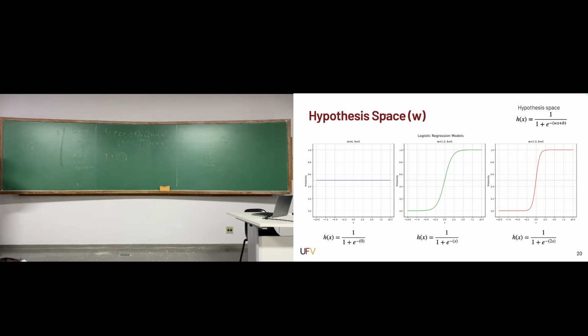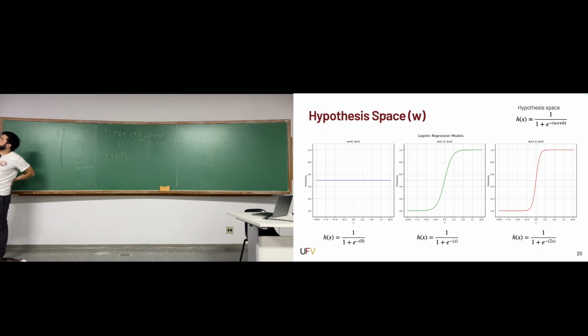If we had w equal to 0 and b equal to 0, then you would have this function here, 1 over 1 plus e to the minus 0, which would be 1 over 2, so 0.5. So you would actually get a line here. Because you have two parameters at 0, you would have a line that intercepts y at 0.5.